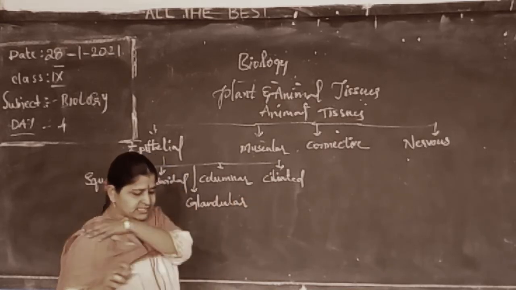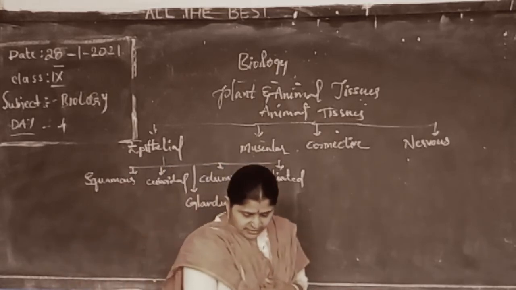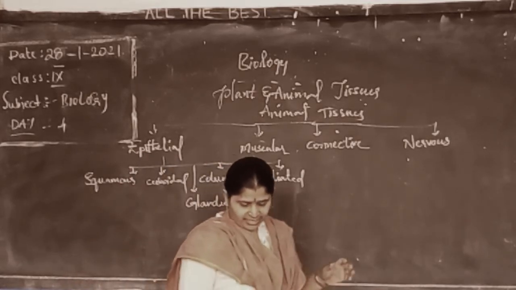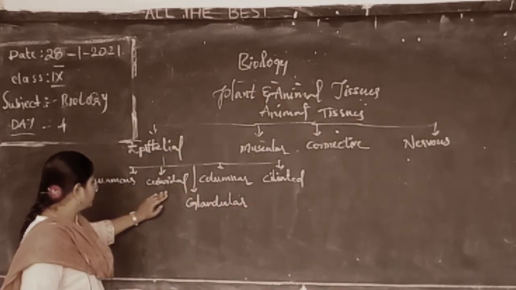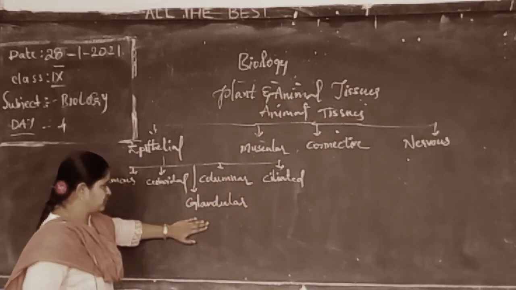If you observe, epithelial tissue has five categories: squamous epithelial tissue, cuboidal epithelial tissue, columnar epithelial tissue, ciliated epithelial tissue, and glandular.